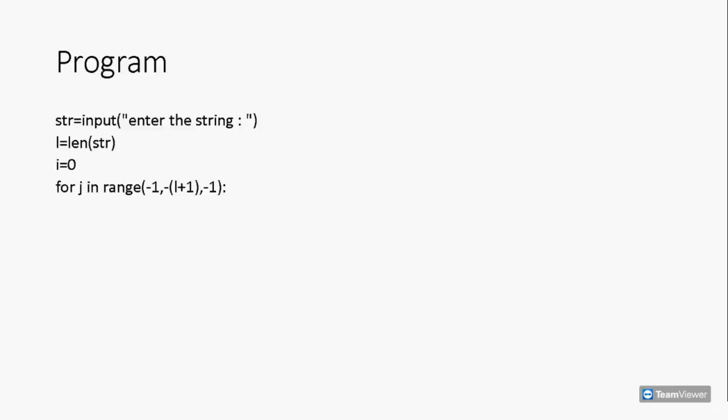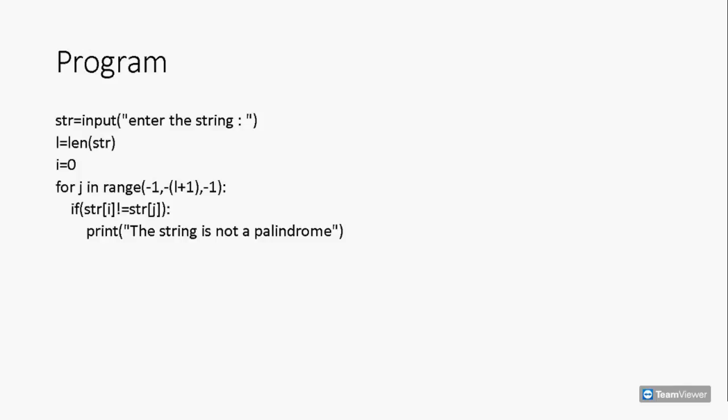So inside the loop we want to check if the values at these indexes are equal or not. If these are not equal, then we know that the string is not a palindrome. Therefore, we would want to print the string is not a palindrome, and thus the statements if str i not equal to str j and print the string is not a palindrome.